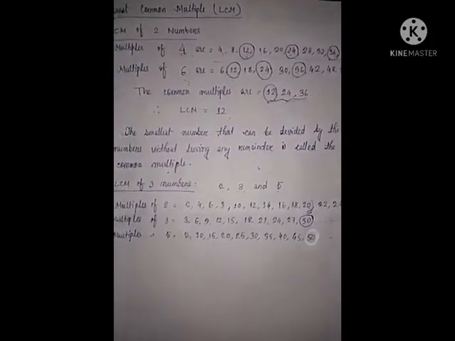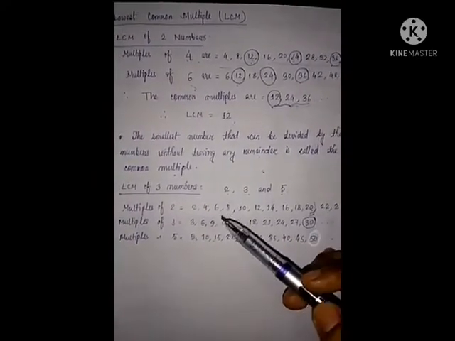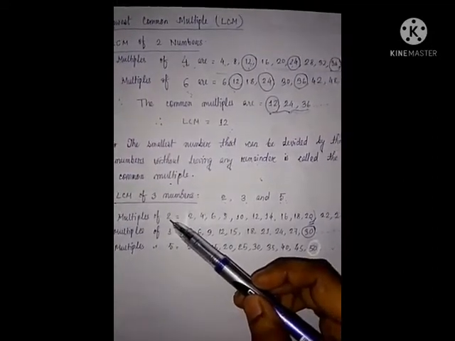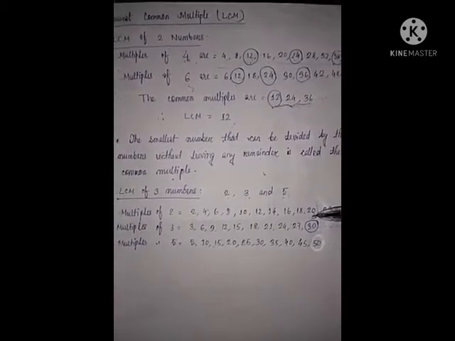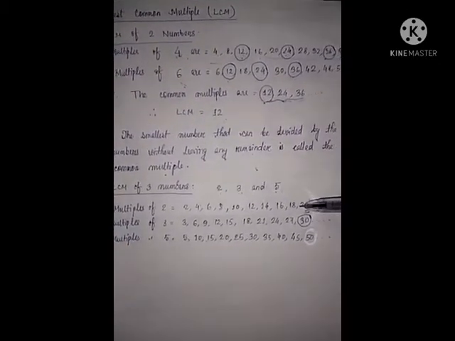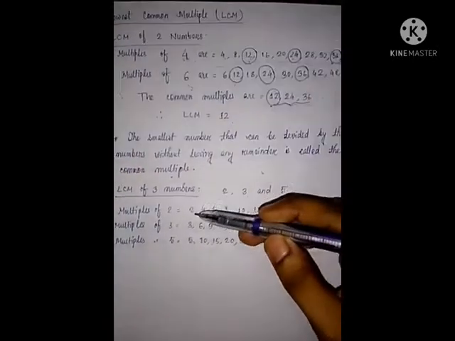See, I have written multiples of each of these 3 numbers. If we write multiples of 2 up to its 10th multiple, 20, 2 tens are 20, we will not find any common multiple. Why? See, 2 is present only here.